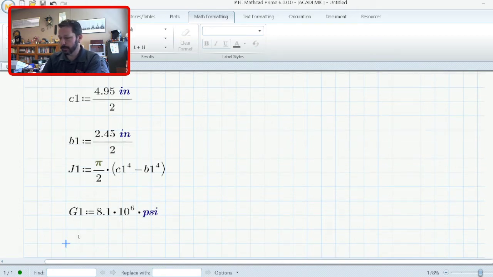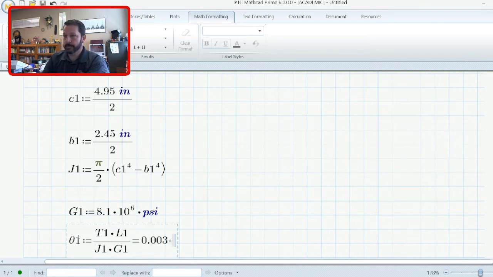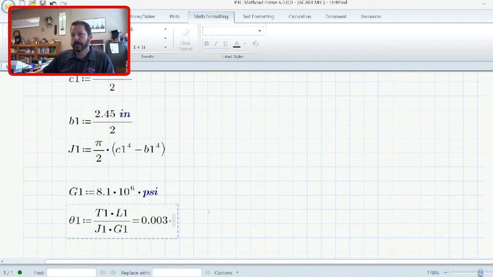And then we should be able to do theta 1 equals T1 times L1 divided by J1 times G1. And we get another small number. Again, we're going to need to look at more decimals than this, 0.003 though.